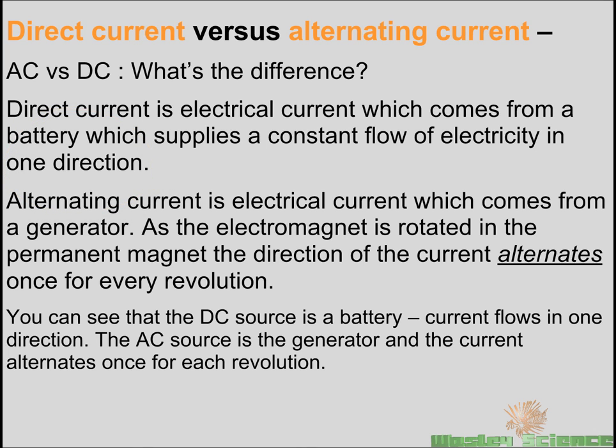Alternating current is what all our power lines carry to our houses. Alternating current is electrical current which comes from a generator, and that generator is located in a power plant. It involves what we were just talking about with the steam turbine spinning the electromagnet hooked up to the permanent magnet, and it causes the current to alternate back and forth.